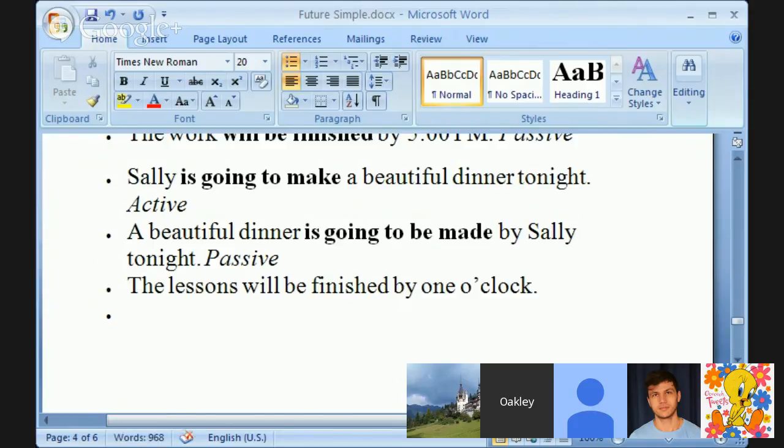Good job. Salvatore, want to try making a passive? This speech will be told by president. This speech, yes.